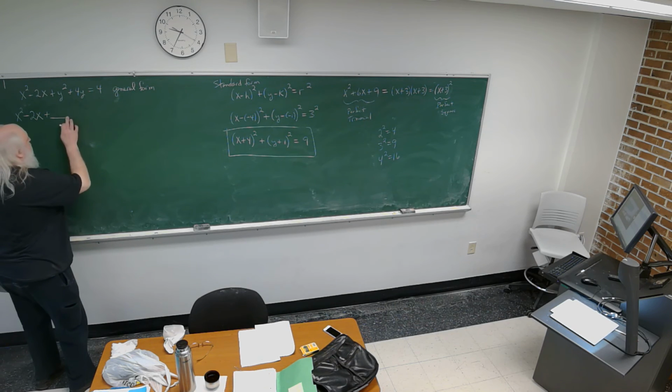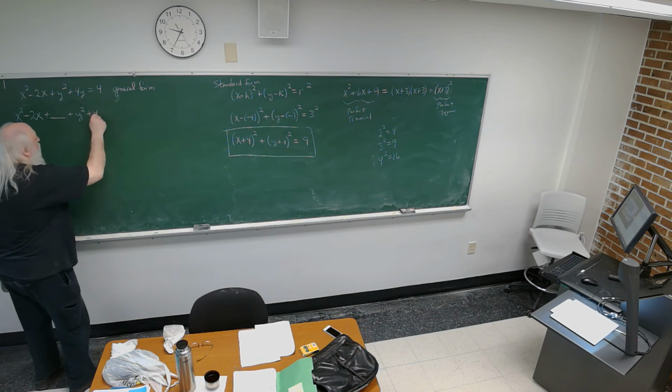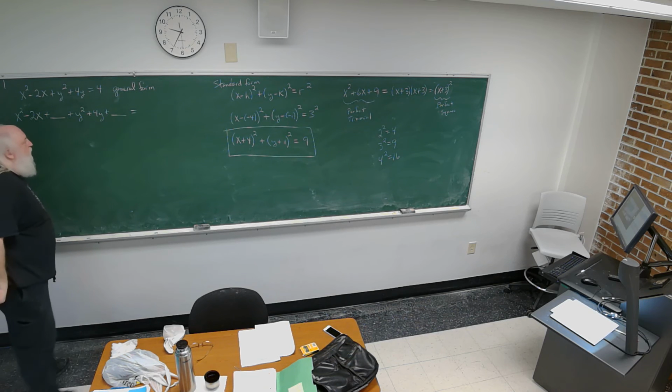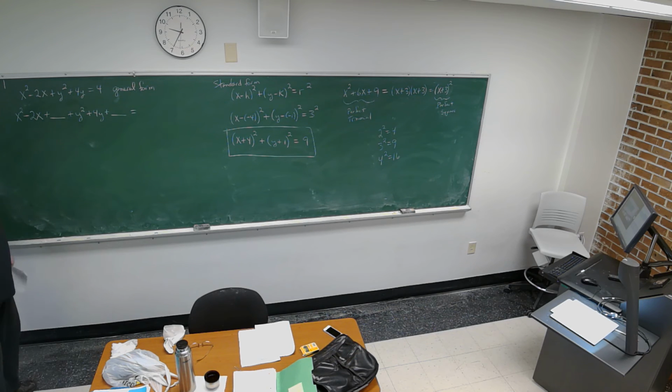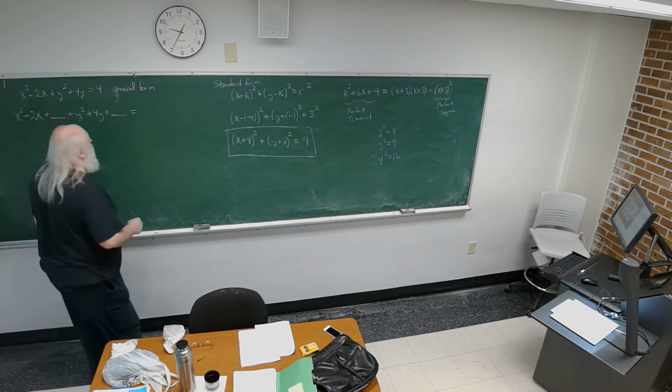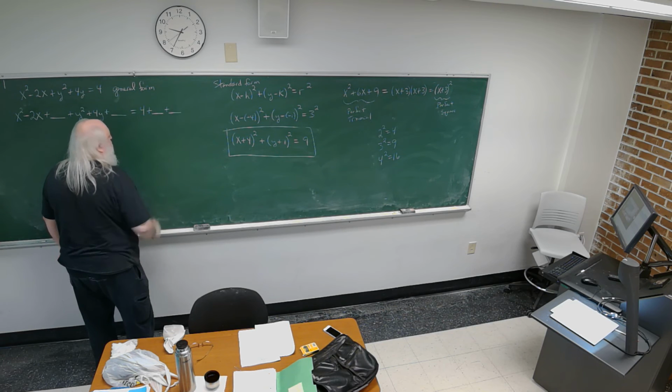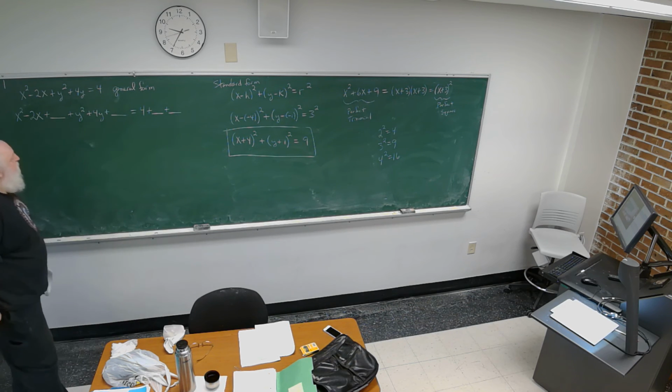And then we do the same thing for the variable y. Whatever you add to the left-hand side, you have to add to the right-hand side, otherwise you change the equation. So we have 4 plus blank plus blank.